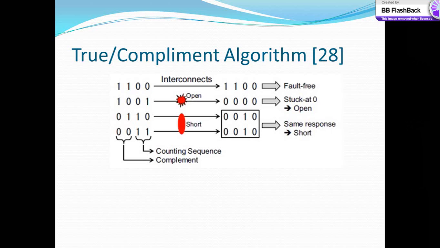So the data that is being sent to each interconnect is the number 0, 0 and its complement 1, 1. So 0, 0 is the entry to the right, and 1, 1 is the entry to the left. And if for some reason there is a fault, then it can be identified by figuring out whether it is stuck at 0 or whether it gives the same response. If it gives the same response, it's a short or it's an open.